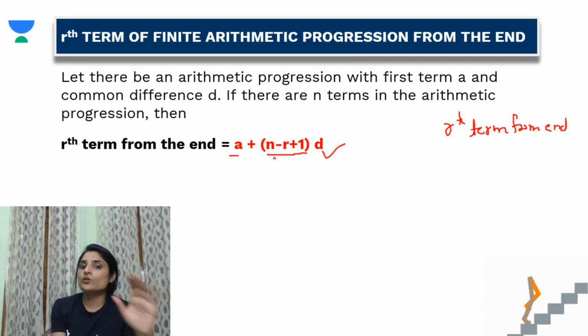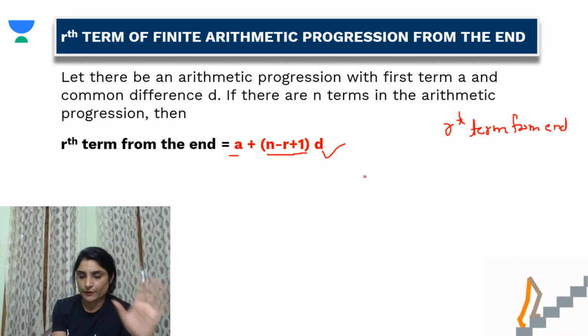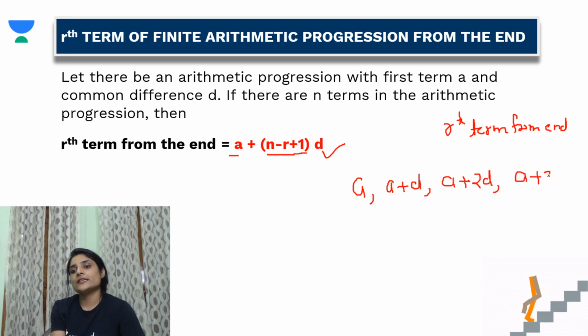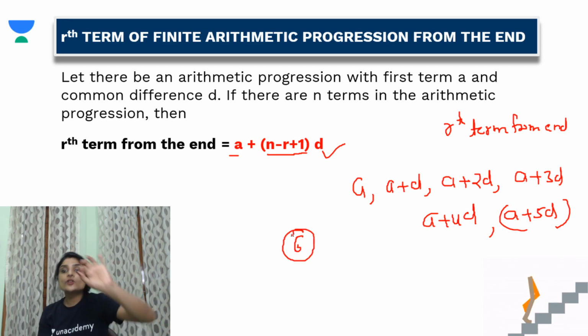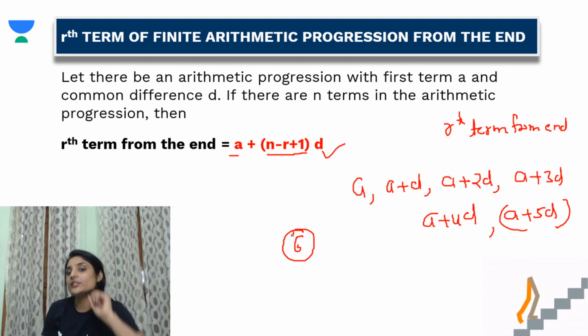Either I am telling you, don't go with this formula. Let's suppose I am giving you an example. Let's suppose a plus d, a plus 2d, a plus 3d, a plus 4d, a plus 5d. We have total 6 terms. If I am asking second term from the end, then what you need to do?